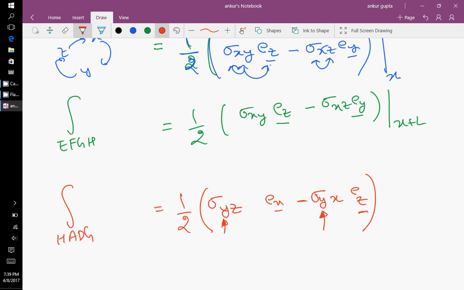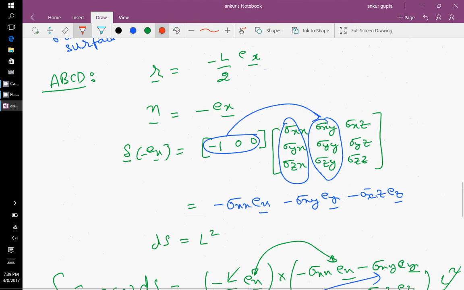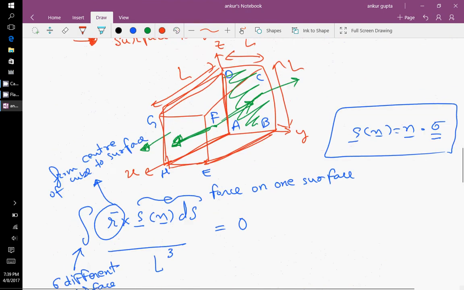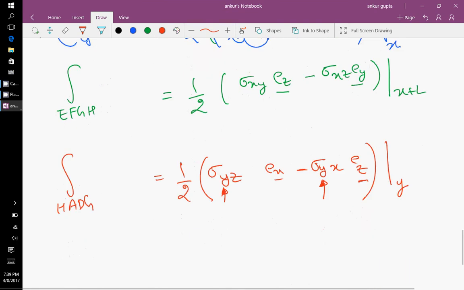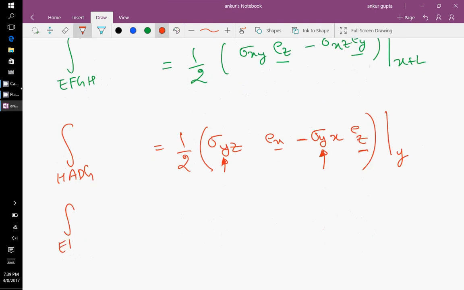So yzx, you are in the cycle y z x, and if you go y x, then you have to get the cycle in the opposite direction and have a negative sign. Okay, and this is evaluated at y. Similarly, EBCF will have the same expression but evaluated at y plus L, right? So I'm not going through that.